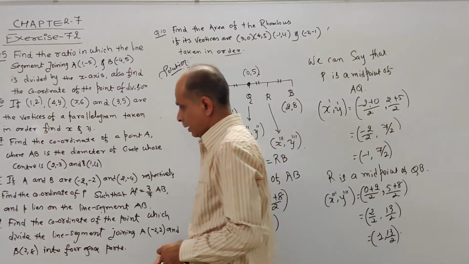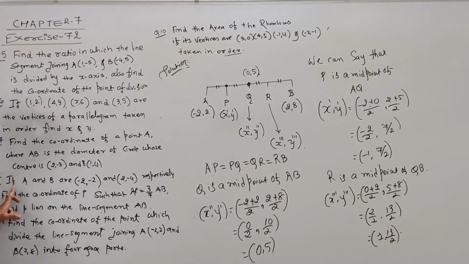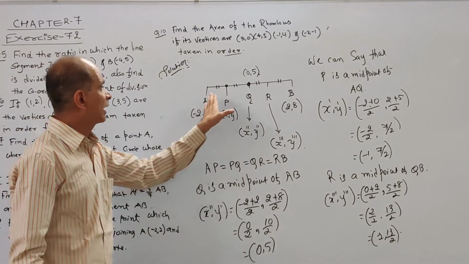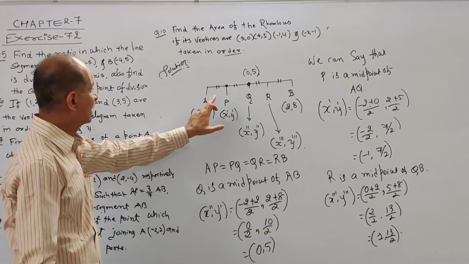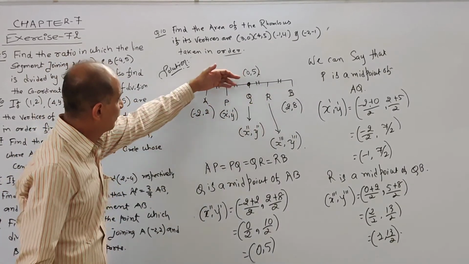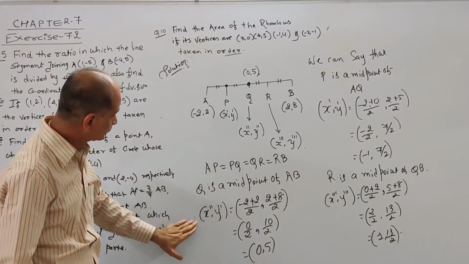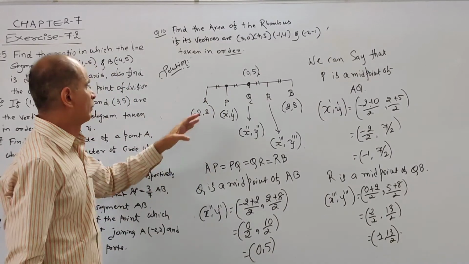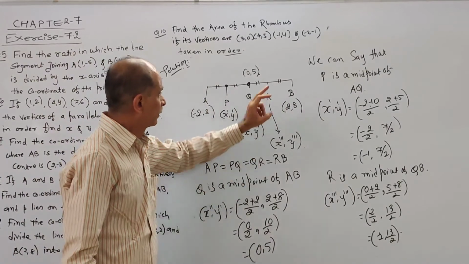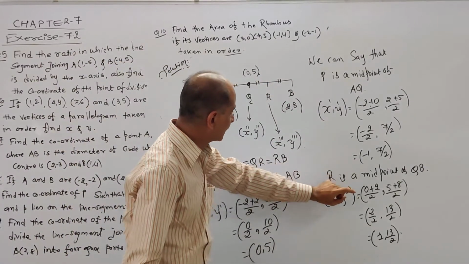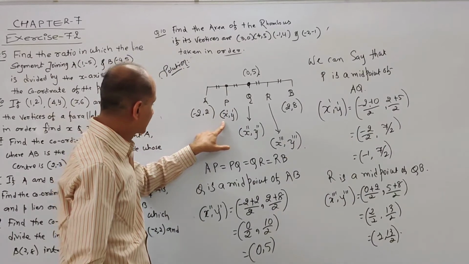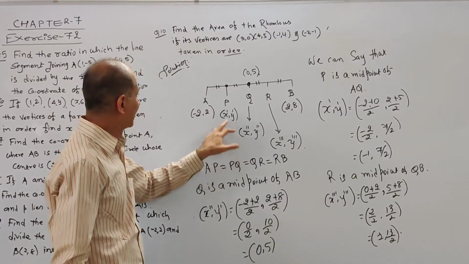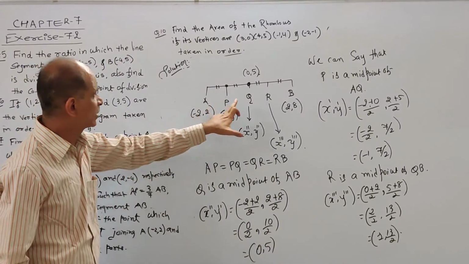So in this example, the coordinates of A and B are given to you. You have to find out the points which divide the line segment AB into 4 equal parts. So there are 3 points which divide the line segment AB into 4 equal parts, and they are P, Q and R. First of all, we found the coordinate of Q with the help of the midpoint formula, midpoint of AB, that is Q. Then we found the coordinate of P, that is x dash y dash, by using the midpoint formula, that is P is a midpoint of AQ.